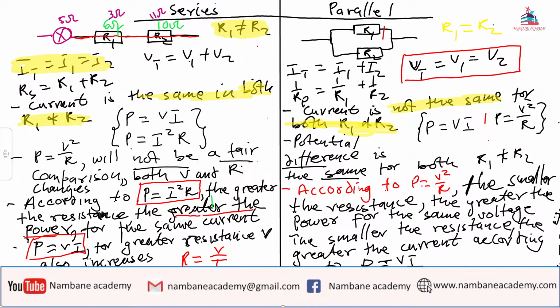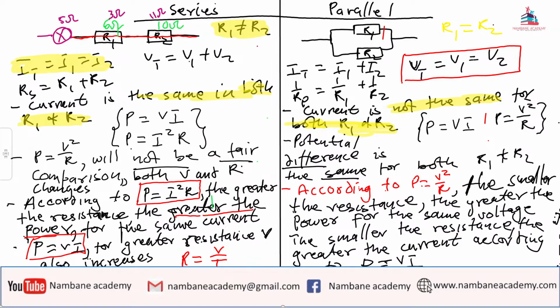So actually what the examiner is trying to ask here is to explain the brightness of the bulb without using any calculations. So what can we do? We are going to say, according to P = I²R, the greater the resistance, the greater the power for the same current, because the current passing at 5 ohm is the same current passing at 3 ohm and at 11 ohm. But now P = V, that means for the greater resistance, V also increases.